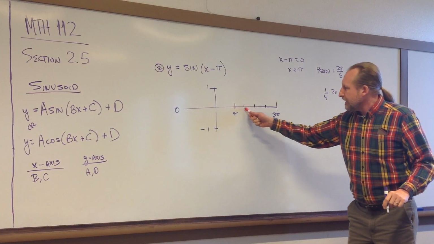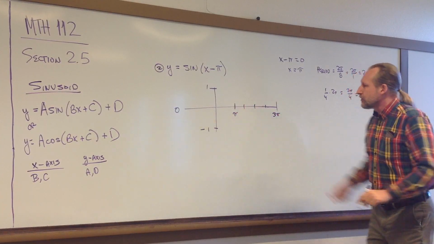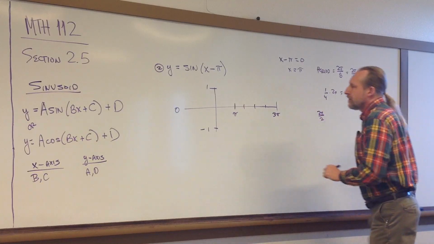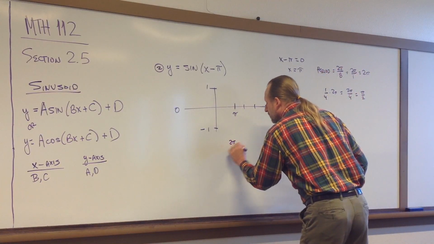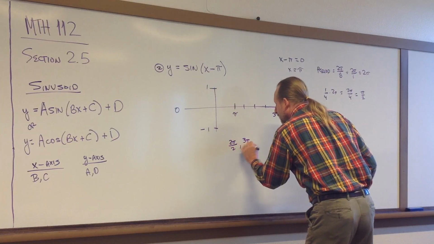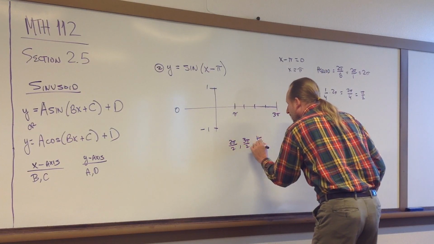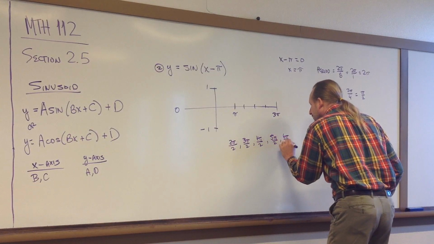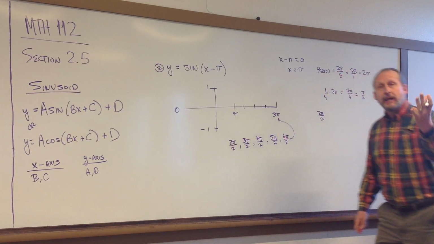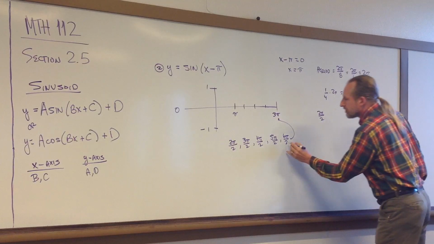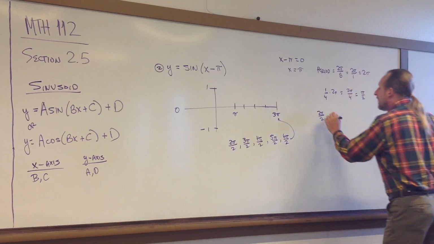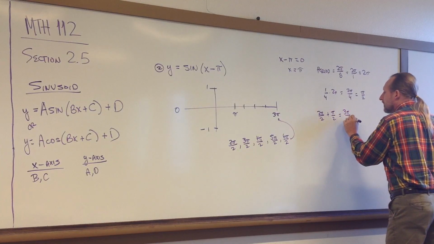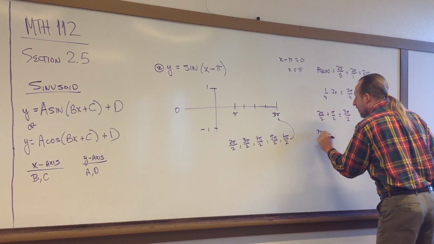So we want to just keep adding pi over 2. So this is 2 pi over 2, 3 pi over 2, 4 pi over 2, 5 pi over 2, and 6 pi over 2. That's where we're going to end, which is 3 pi.